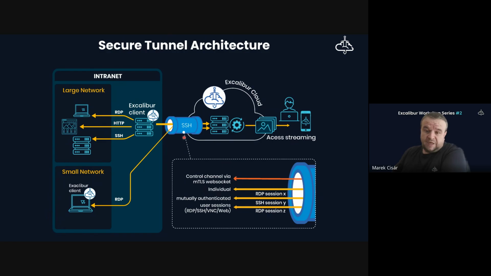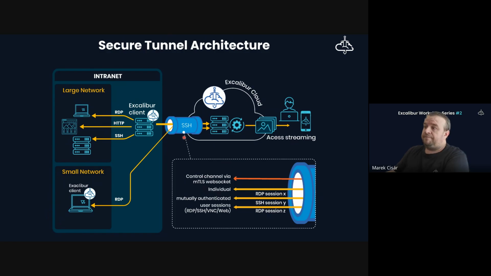Tunneling client can be installed on existing virtual machine or physical machine. It can be also deployed on dedicated one, and if there is such need, it can be also installed on the user's or administrator's computer. I will talk a little bit about it later.